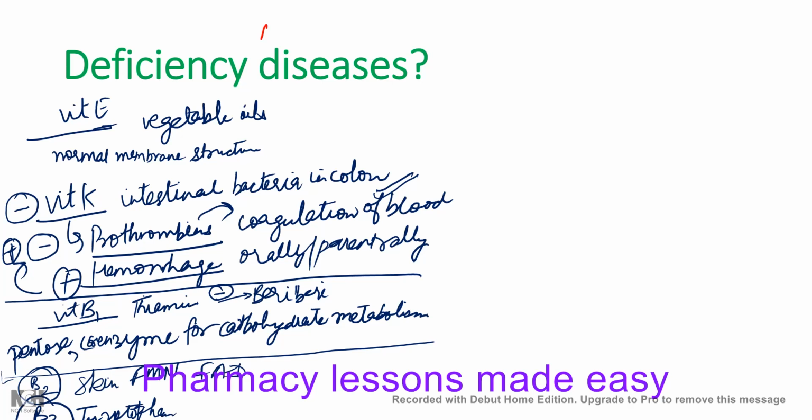And the function is this: it forms two coenzymes which are very important. You find them in biochemistry in almost every reaction, NAD positive and NADP positive.